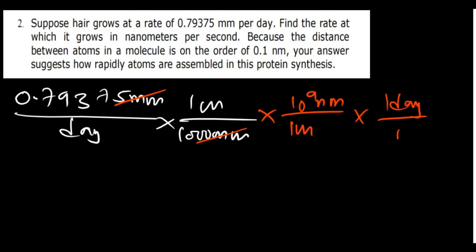So I do 24 times 60, which converts the 24 hours into minutes, and then times 60 again to get the seconds. It's giving me 86,400 seconds.